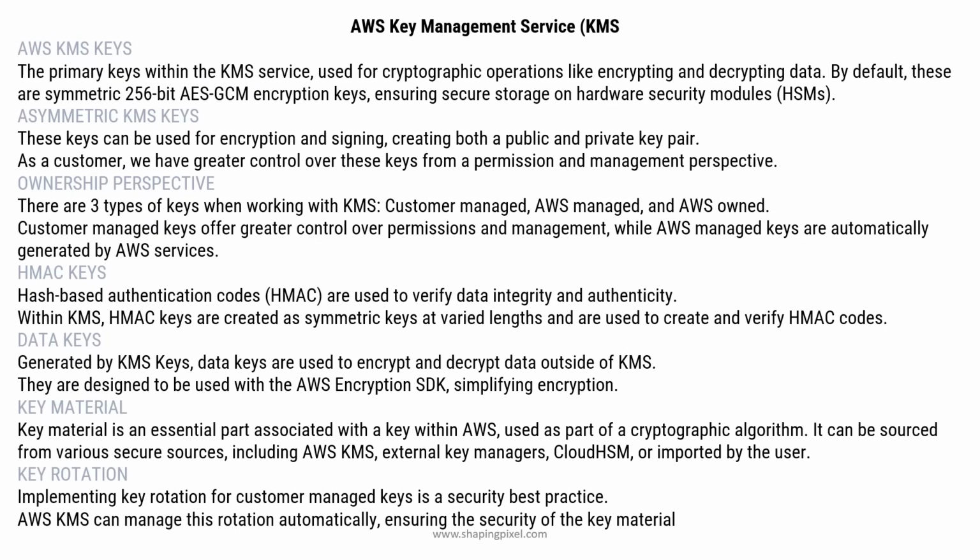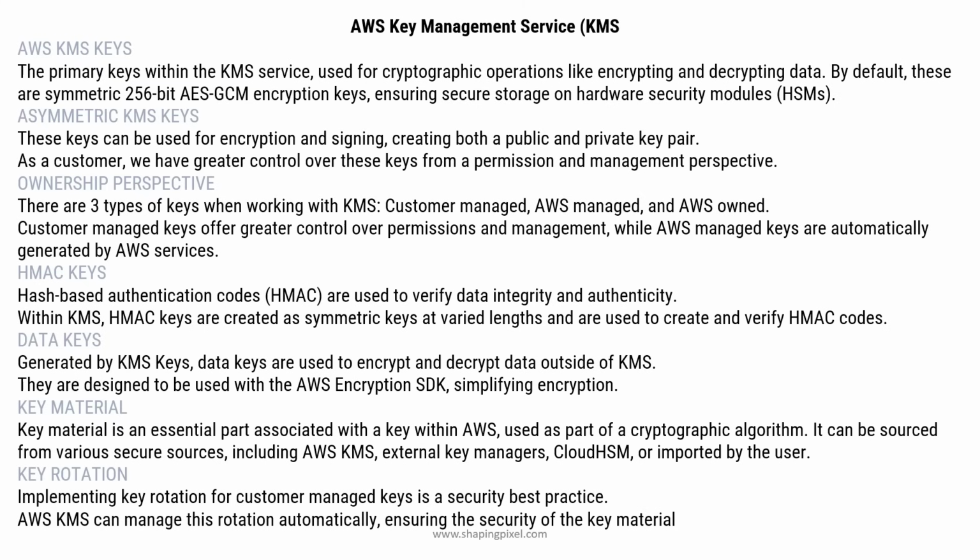Within KMS, HMAC keys are created as symmetric keys at varied lengths and are used to create and verify HMAC codes. Generated by KMS keys, data keys are used to encrypt and decrypt data outside of KMS. They are designed to be used with the AWS Encryption SDK, simplifying encryption.